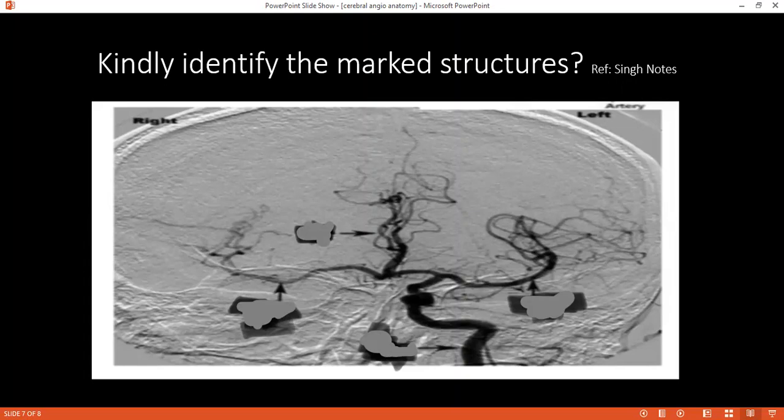This is middle cerebral artery. No, it's inferior. Okay, and this is middle. Which one is this? Main stem? This is internal carotid artery. Very good. And which one is this? This is also middle cerebral artery. Very good.